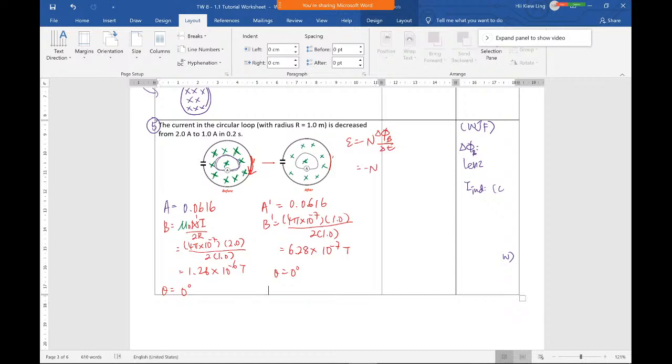Take out the A, leaving only delta B. Plug in the values: final B minus initial B, divided by time, giving 1.95 times 10 to the power of negative 6 volts.